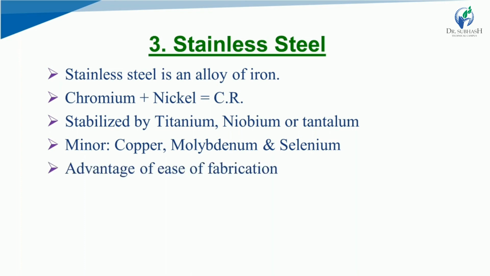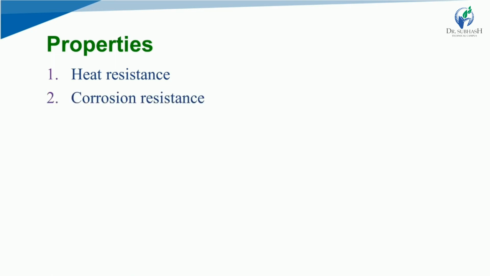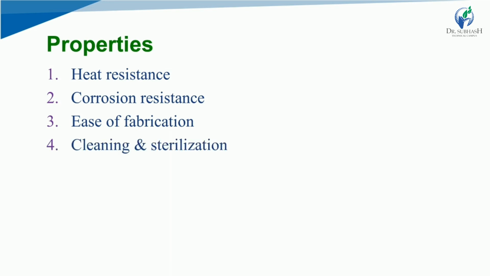Advantages: ease of fabrication, which means you can change the shape. Now, what are some of the properties? First is heat resistance. Second is corrosion resistance. Third is ease of fabrication that we have already discussed. Fourth, cleaning and sterilization.